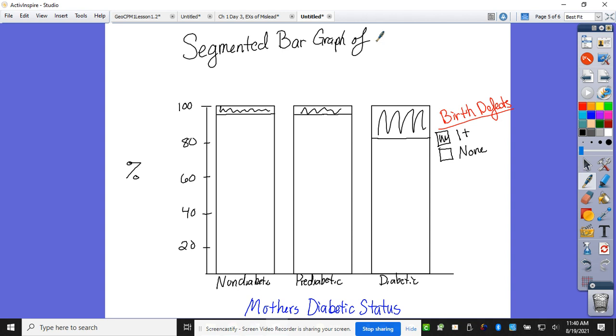So whichever way you want to choose to do that would be fine. I'm going to write it as conditional just because this would be more helpful. It's more writing, but it might be more helpful to somebody. But writing relationship between birth defects and mother's diabetic status is fine.